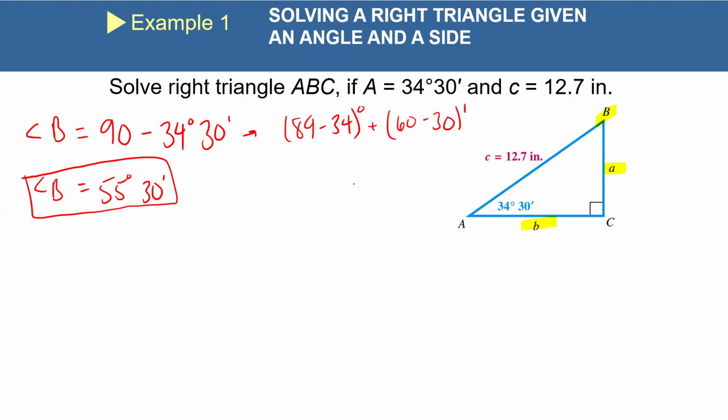We're going to switch colors. So if I'm looking now for side A, we're going to use sine of A. And the sine of A equals your opposite over your hypotenuse. Okay, so plugging in what we know, sine of angle A, which is 34 degrees and 30 minutes, equals side A over our hypotenuse, which is 12.7.